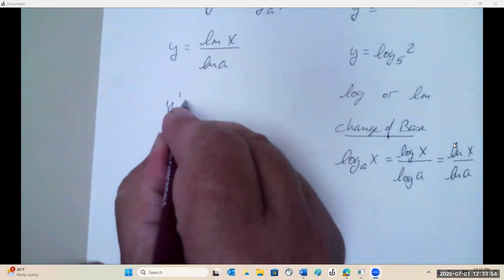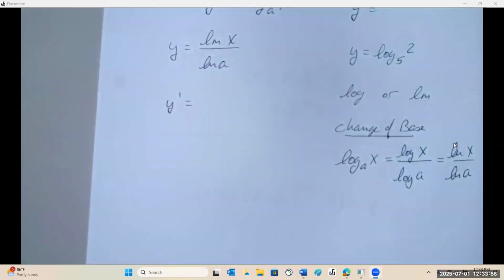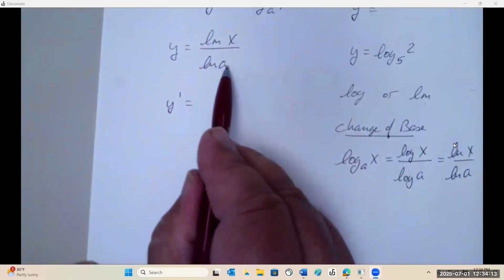Now, to find the derivative, it's a lot easier. Do you have to use the quotient rule, the product rule, or what? Just the ln rule, because ln a is a constant.